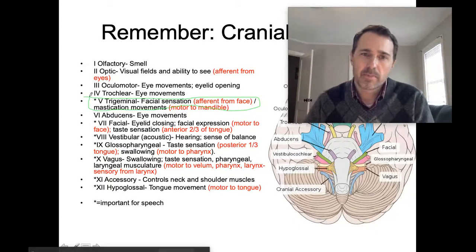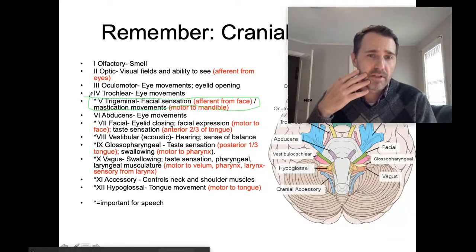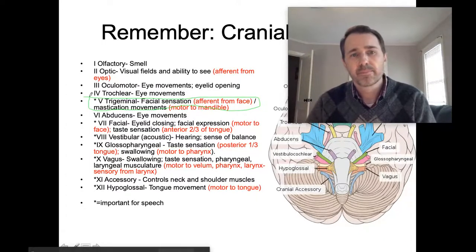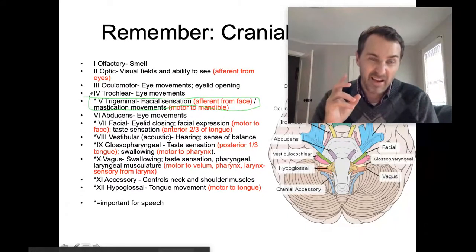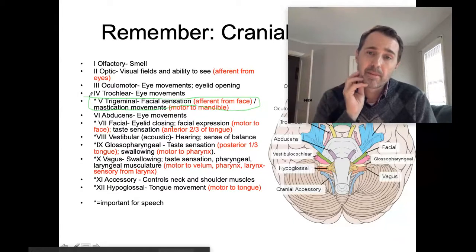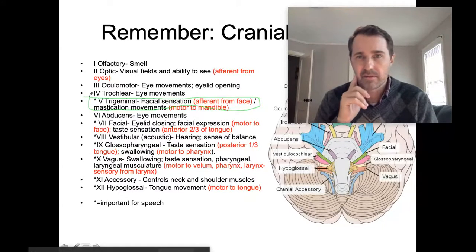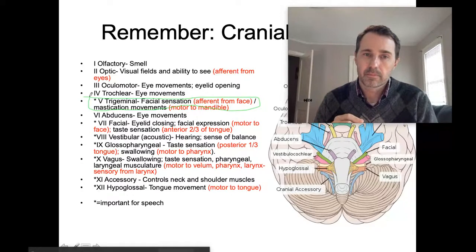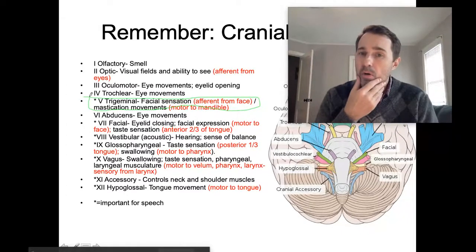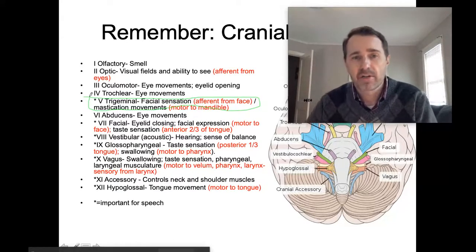The trigeminal is responsible for transmitting sensory information from the face to the brain, and it's responsible for transmitting motor information, efferent information, to the muscles of the mandible: the temporalis, the masseter, the pterygoids. So motor movement of the mandible, that is a function of the trigeminal nerve.